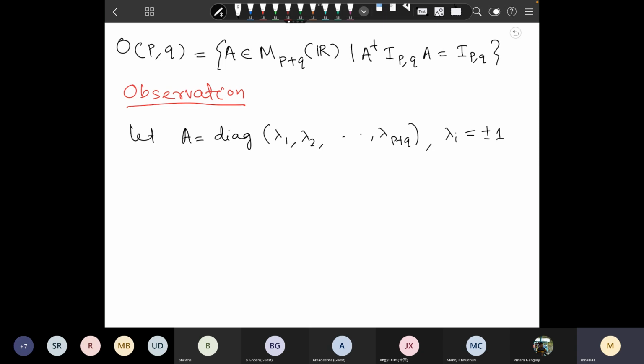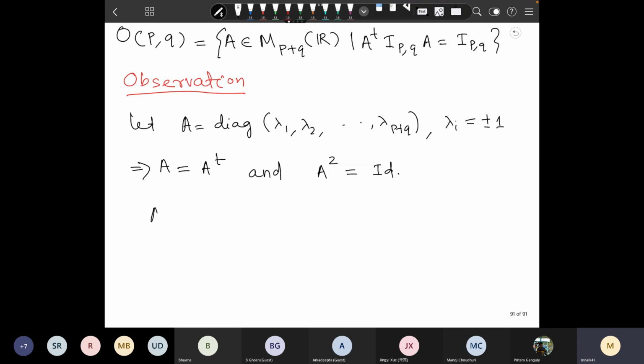So it is a diagonal matrix where diagonal elements are plus or minus 1. Then since A is a diagonal matrix, A is equal to A transpose. And since the diagonal entries contain only plus or minus 1, it is clear that A square is equal to identity.